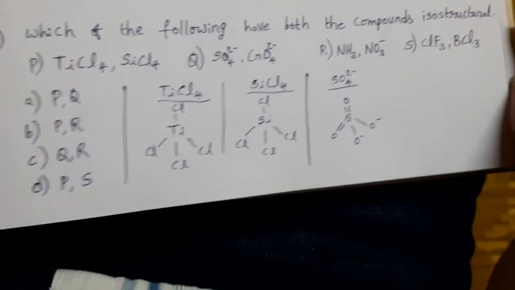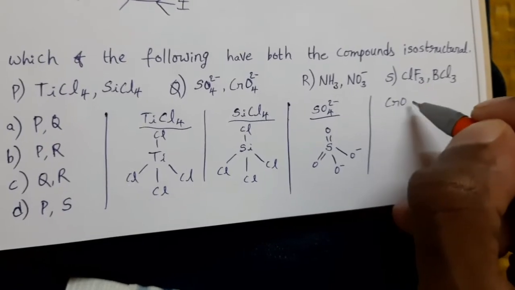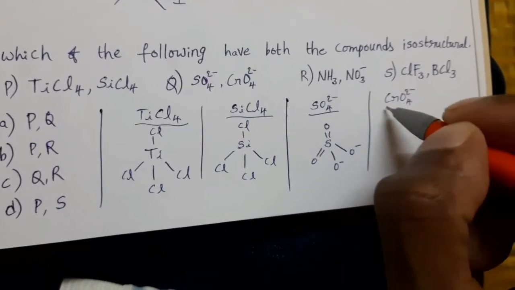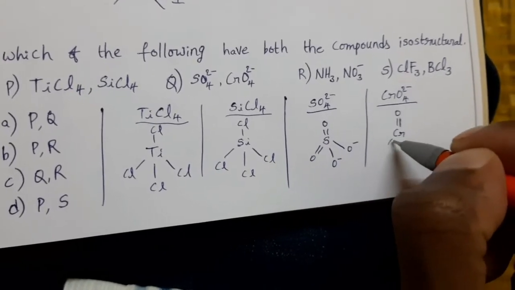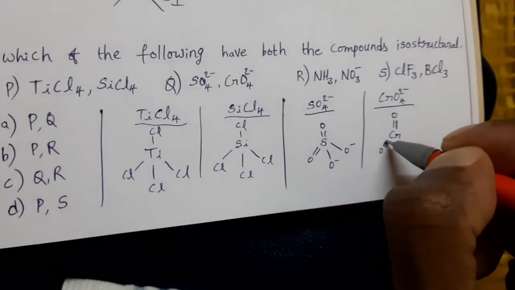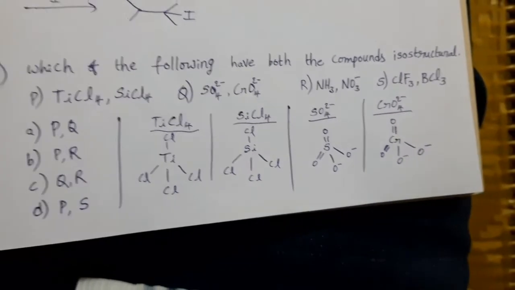This one is also tetrahedral. In CrO4 2 minus, chromate, the central atom is chromium with double bonded oxygen and O minus.